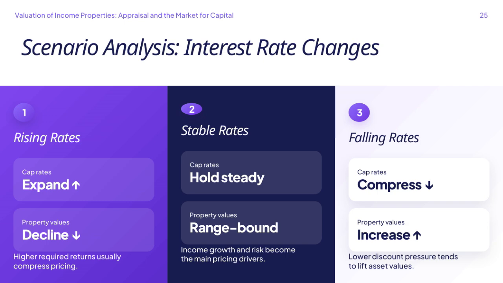Here, property values are driven more by factors like income growth and perceived risk, rather than interest rate movements. This creates a more predictable pricing environment. Finally, when rates are falling, cap rates usually compress or decrease. This results in an increase in property values, as lower discount rates reduce the pressure on prices and make assets more attractive to investors. So, understanding these scenarios helps us anticipate how interest rate shifts influence the market and property valuation.